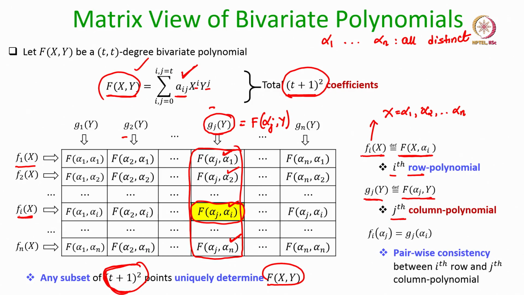That means, if I evaluate the ith row polynomial at x equal to alpha j, then I will get this highlighted value, and at the same time if I take the jth column polynomial and evaluate it at alpha i, then I also obtain this highlighted value. Okay. So, this is a property which holds for any bivariate polynomial of degree t in both the variables.